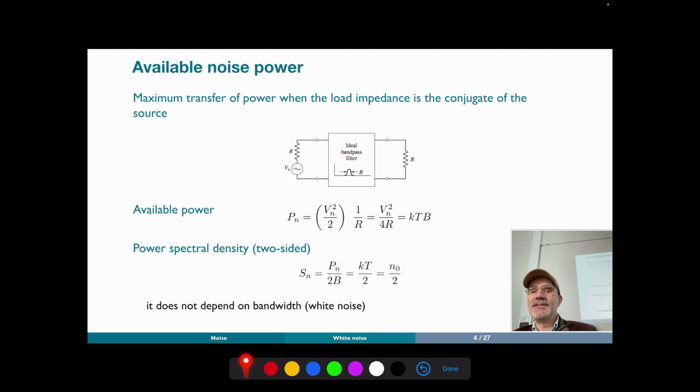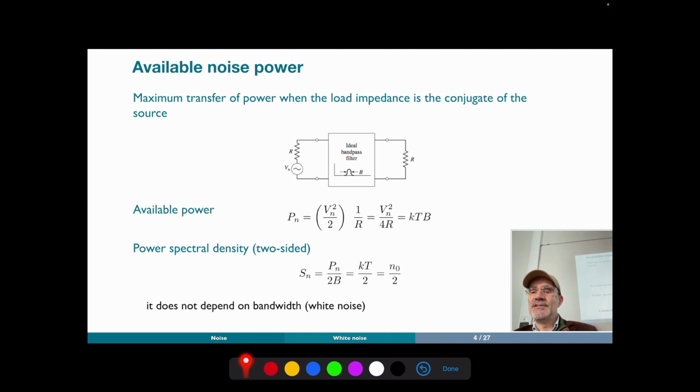And in this case, the available power is given here. So V squared over 2, the mean square power, divided by R gives us the total power.